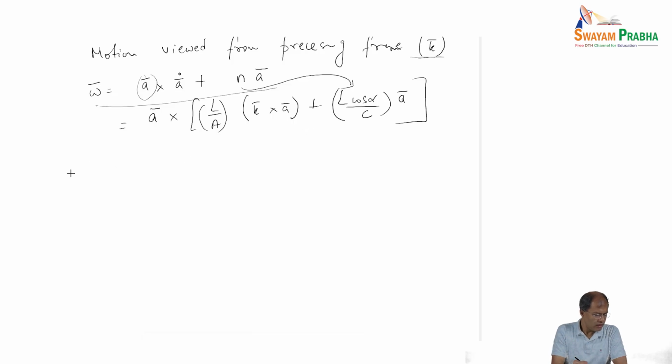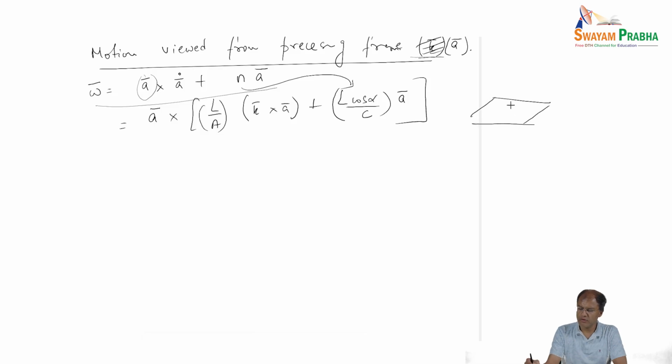So now this is the eventual goal. So the precessing frame is A. So let me draw the diagram here. So this is the fixed object, and we have the precessing frame A, and we are observing the motion of this object in this frame, and this frame is also rotating about this axis A, right?